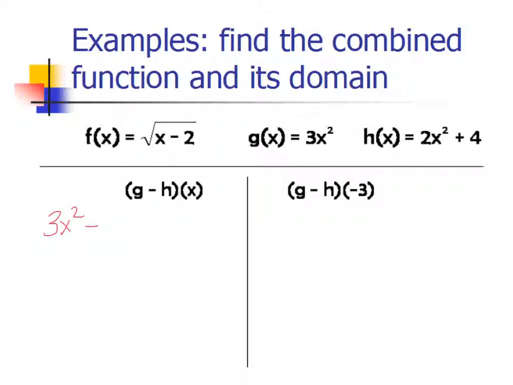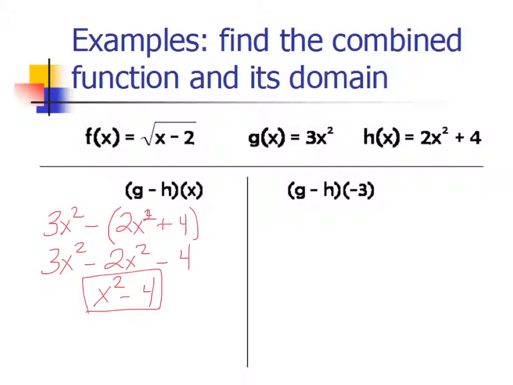Okay, on this one, I need to remind you that you're subtracting the whole function, so let's put it in parentheses, and you're going to end up having to take that minus sign and distribute it. So it's going to end up 3x squared minus 2x squared minus 4, which then would simplify to x squared minus 4. So that's your final answer. That's what it simplifies to.